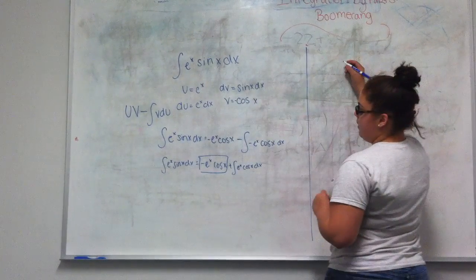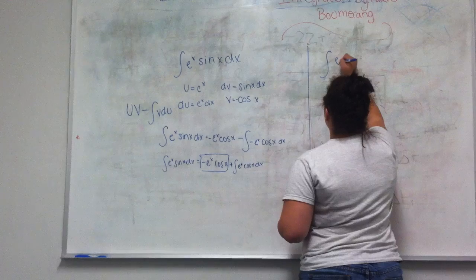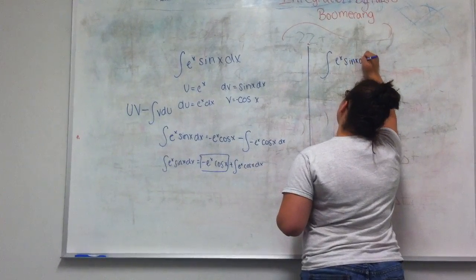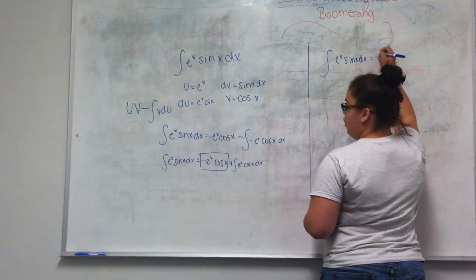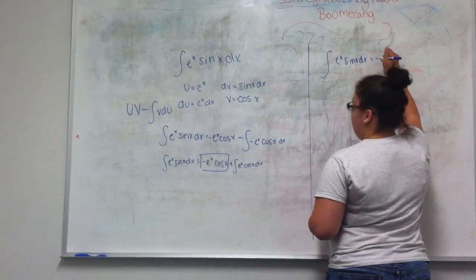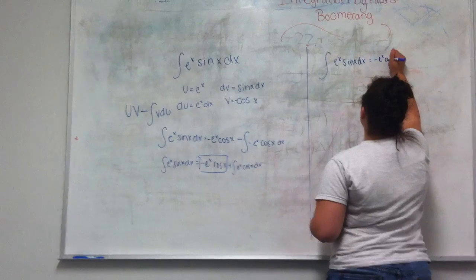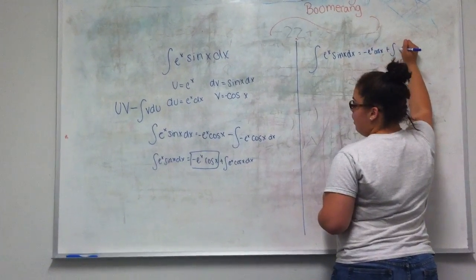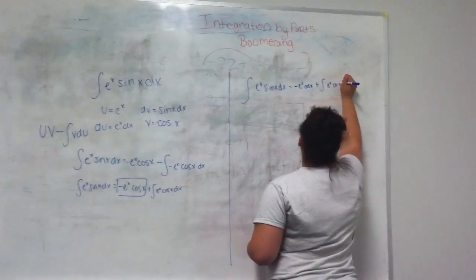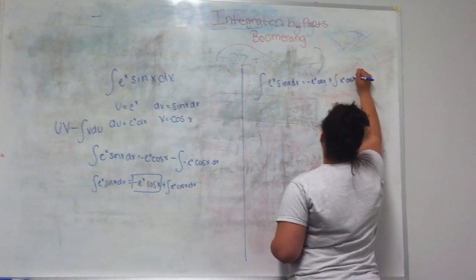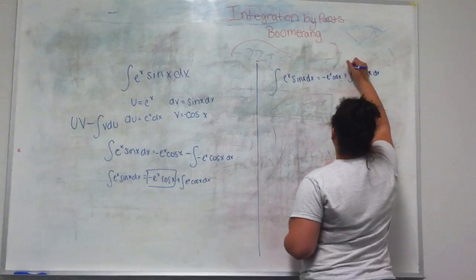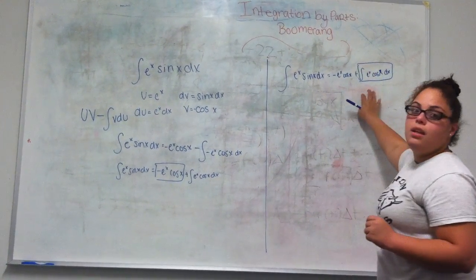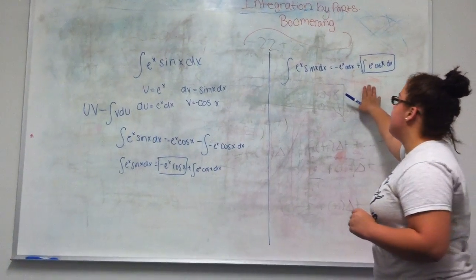So we move on to say that the integral of e to the x sine of x dx is equal to negative e to the x cosine of x plus the integral of e to the x cosine of x dx. And we focus on this aspect of the product in order to break it down.